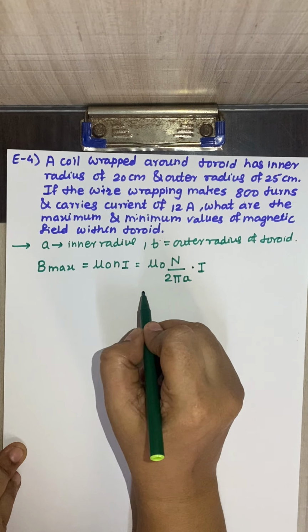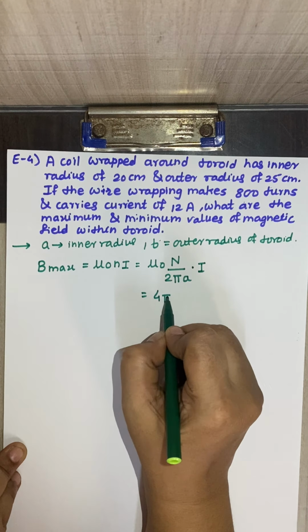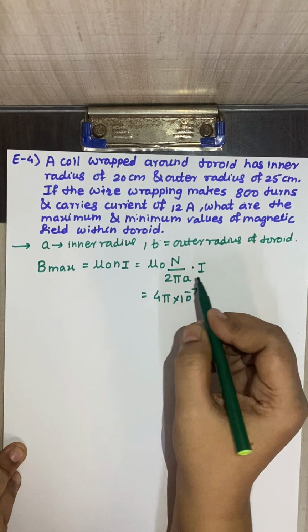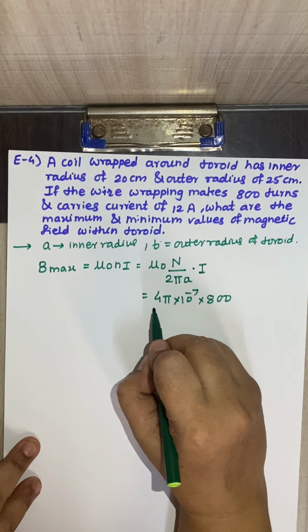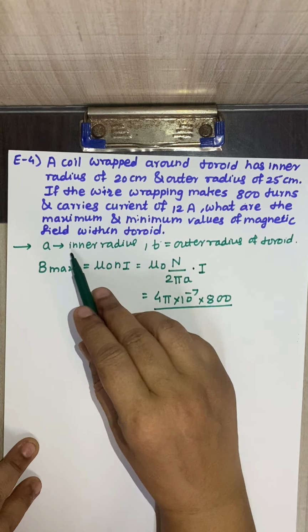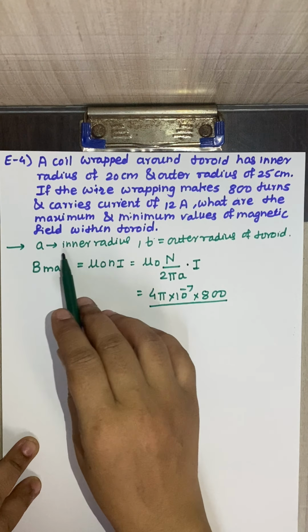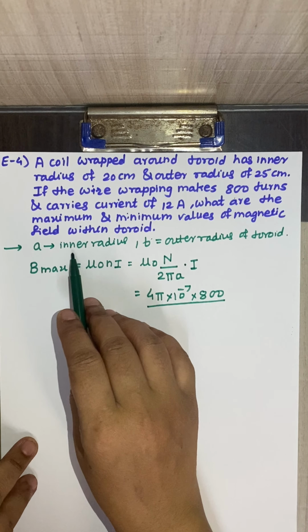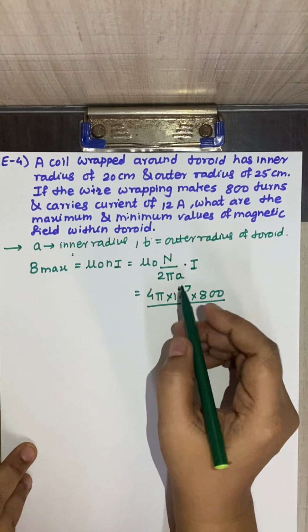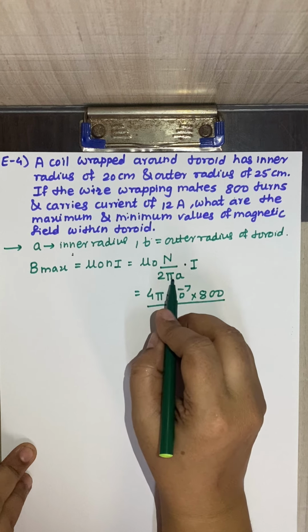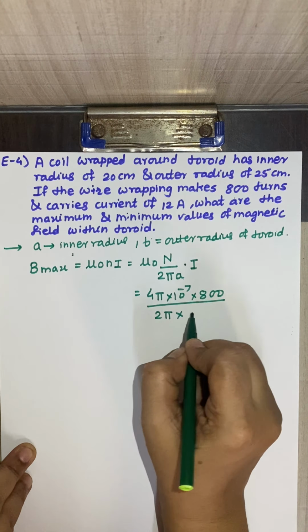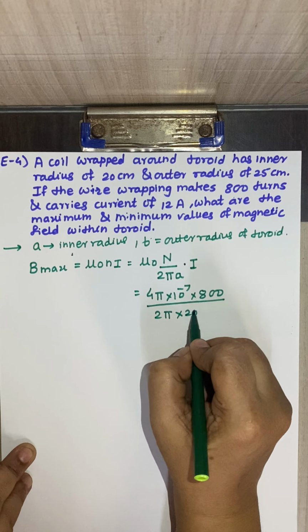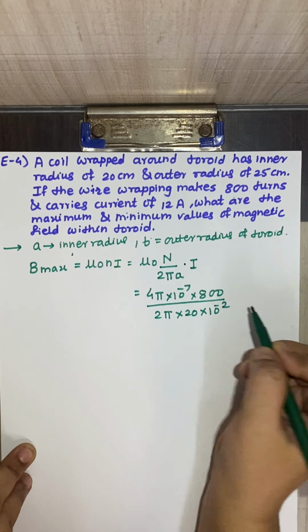So the value is 4 pi into 10 raised to minus 7 into the number of turns, 800, and the length of such a particular inner radius toroid is considered as 2 pi into the inner radius. So it is 2 pi into the inner radius, they have given 20 centimeter, converted into meter.